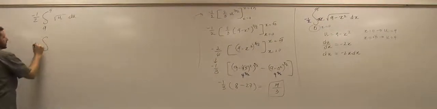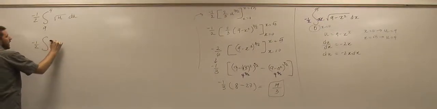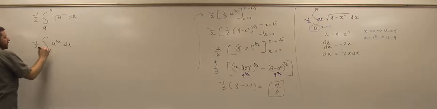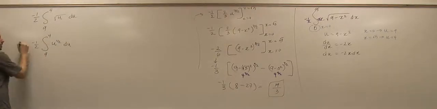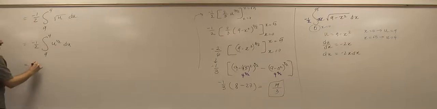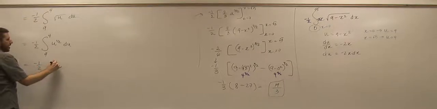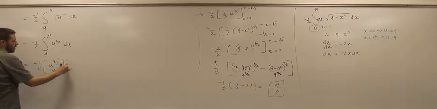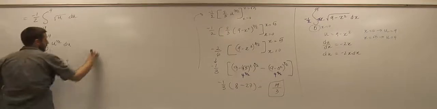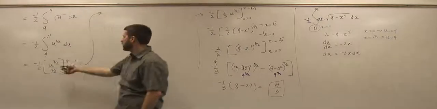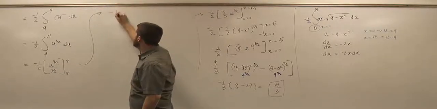And I can do this, -1/2, u to the 1/2, from 9 to 4. -1/2, u to the 3/2 over 3/2. Evaluated from 9 to 4. Flip the 3/2 up, all the same now.